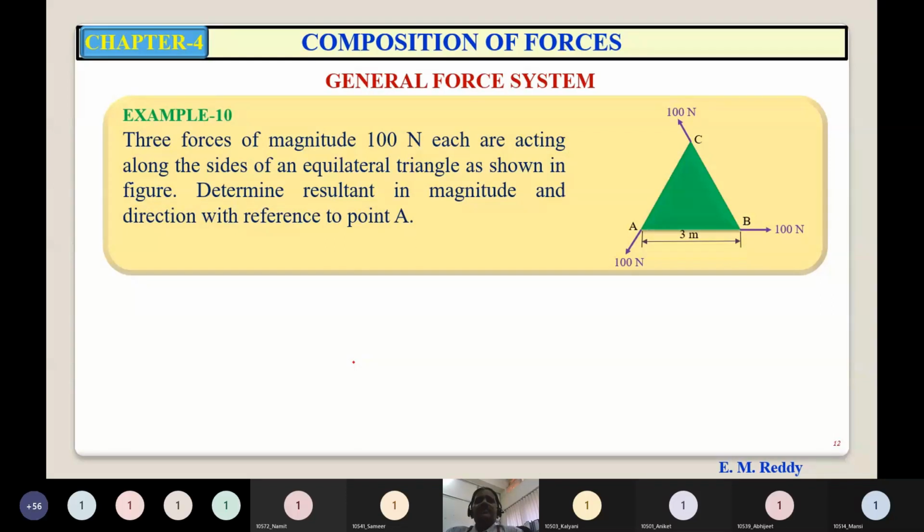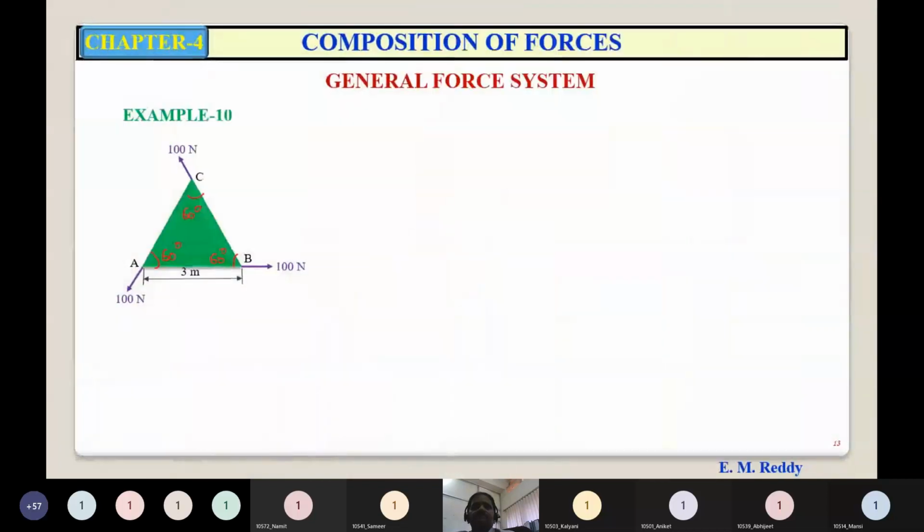Three forces of magnitude 100 Newton each are acting along the sides of an equilateral triangle as shown in the figure. Determine the resultant in magnitude and direction with reference to point A. Point to be noted, with reference to point A. So this is the given figure.